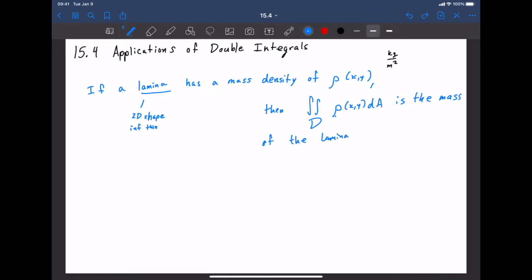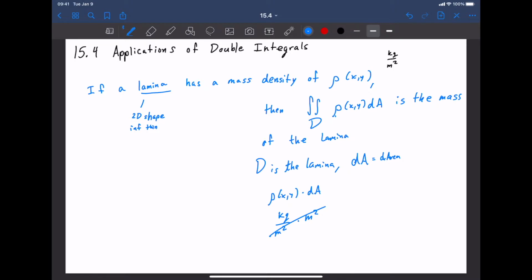So rho is the mass density function, D is the lamina, and dA would be a tiny change in area. What are we getting here? Rho(x, y) times dA is kilograms per square meter times square meters, and what you're going to be left with is the mass. So that makes some sense.